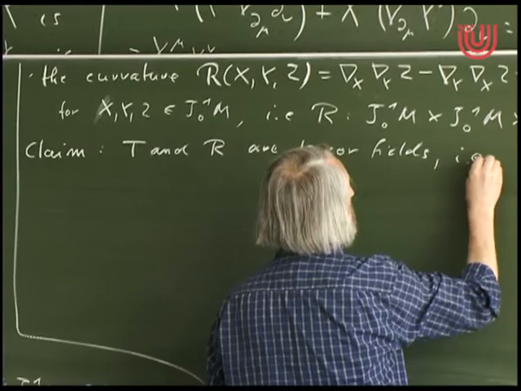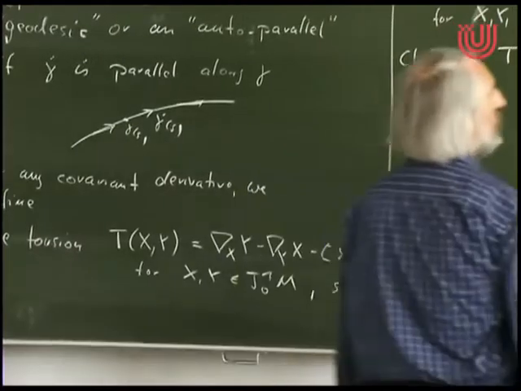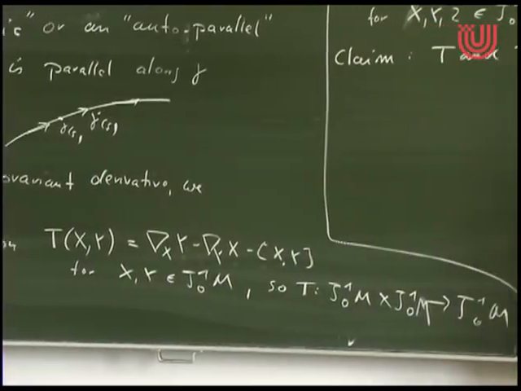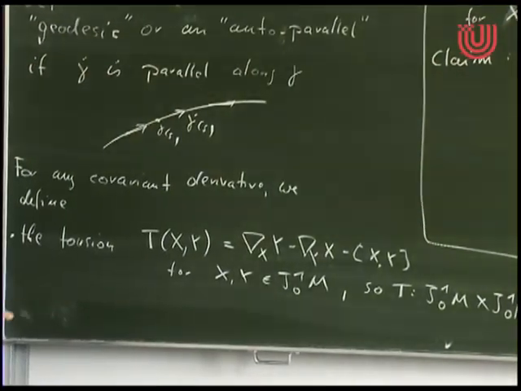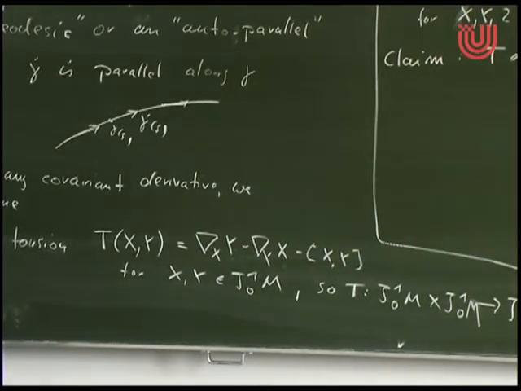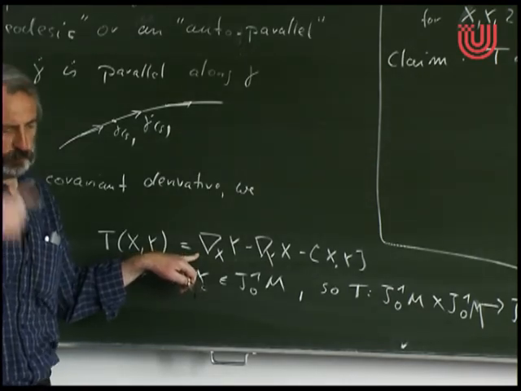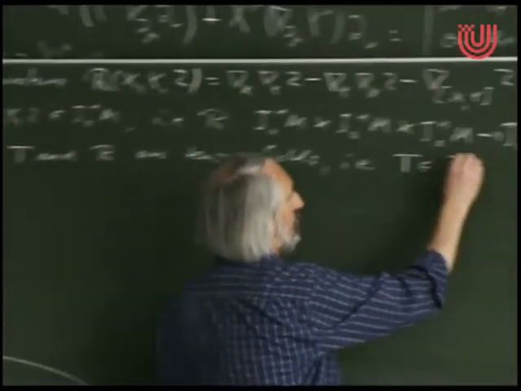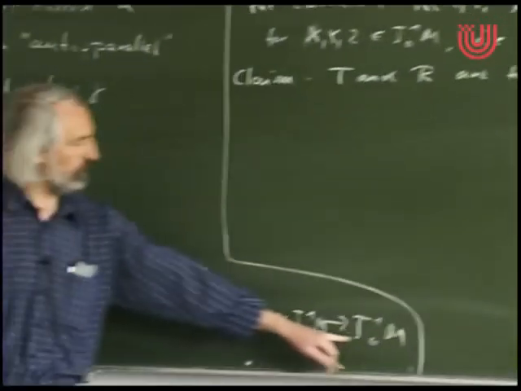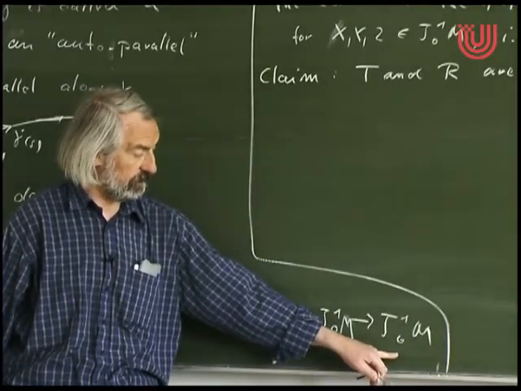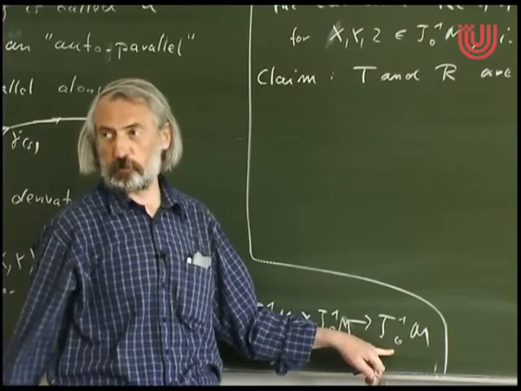So, what's the rank? Well, the rank of T: it has two slots. I feed vector fields into it. But the outcome is not a scalar field, so it is not a tensor of type (0,2). The outcome is again a vector field, which I can view as a map which acts on covector fields. So I have one entrance here, because the result of applying the map is again a vector field, not a scalar field. So I can view this still as a map with one slot, and in this slot I would have covector fields.